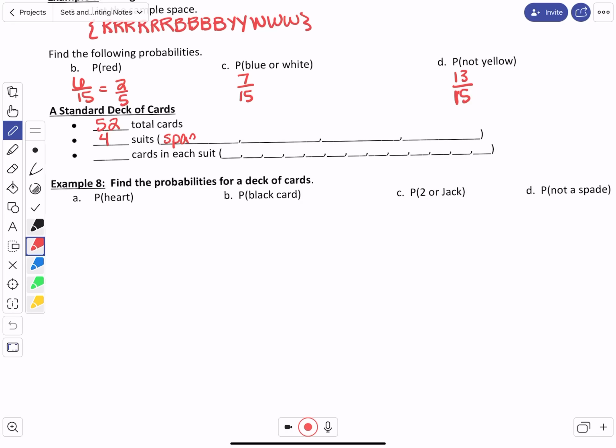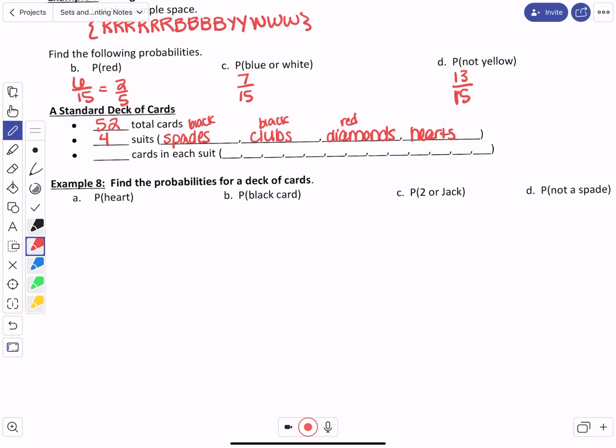We have spades. We have clubs. We have diamonds. And we have hearts. And if you didn't know this, spades are black. Clubs are black.